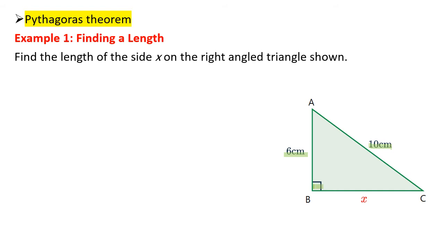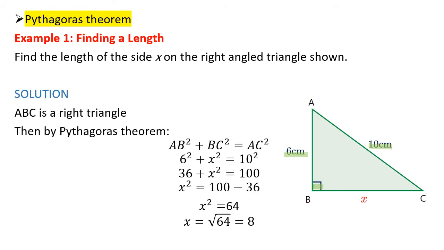Then we can apply Pythagoras theorem, which says that the hypotenuse squared is equal to the sum of the other two sides also squared. So we say that ABC is a right triangle, then by Pythagoras theorem, AB squared plus BC squared equals AC squared. We substitute each side by its value.